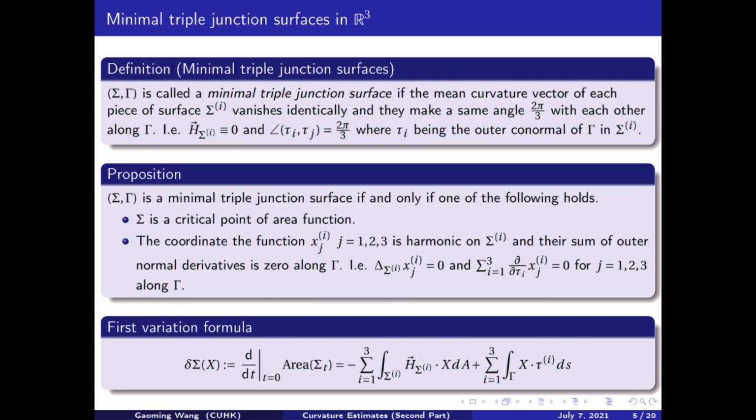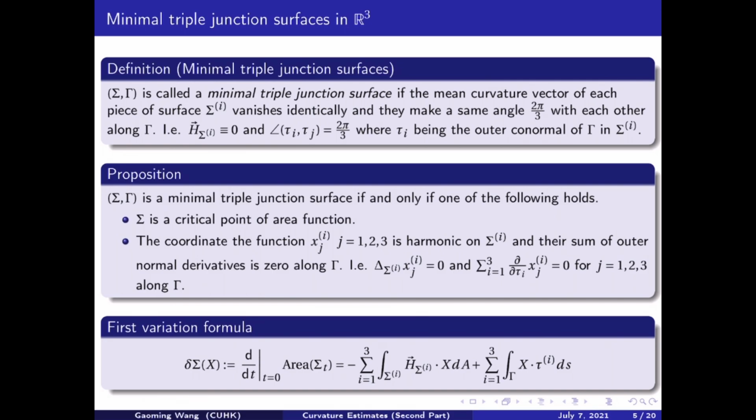The second equivalent definition is that Σ_γ is a minimal triple junction surface if and only if the coordinate function x_j is harmonic on Σ_i and the sum of the outer conormal derivatives of the coordinate function is zero along γ.